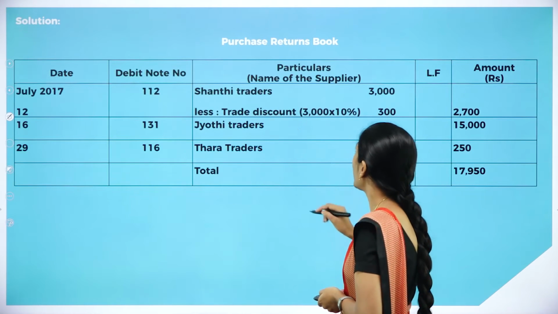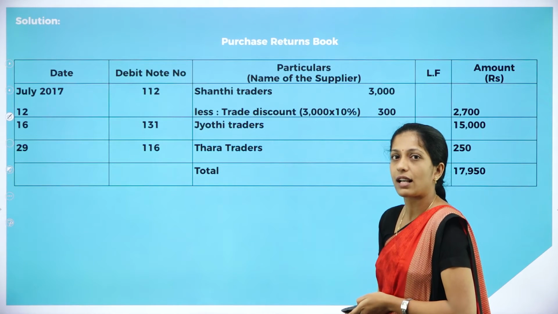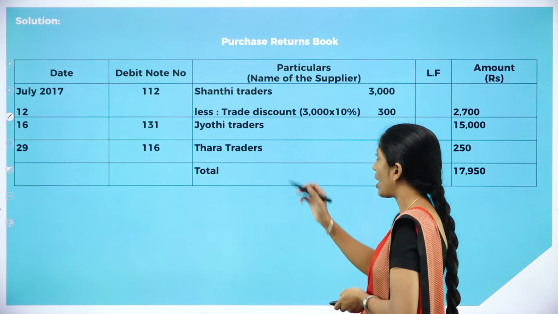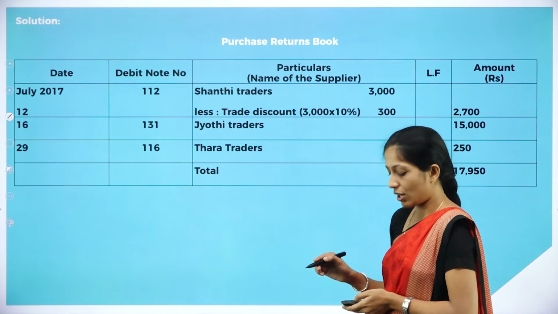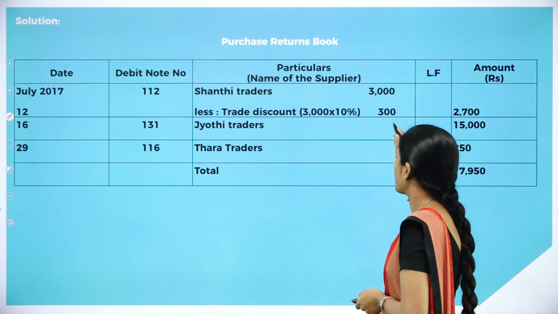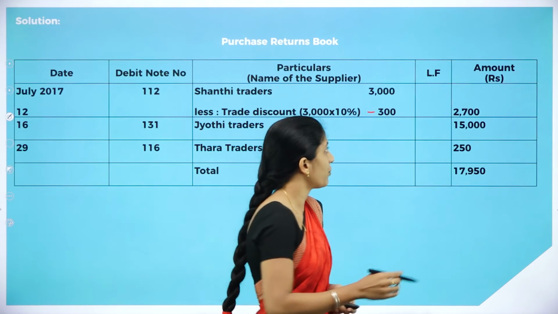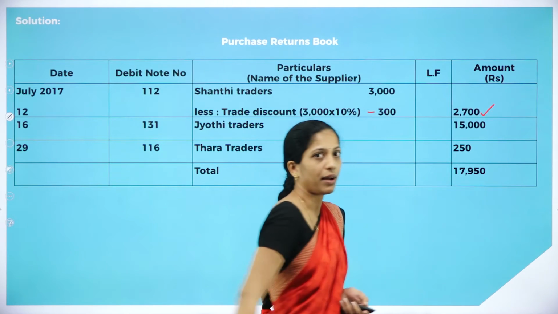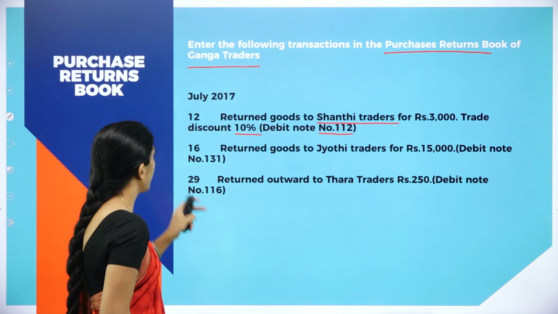So we'll record Shanti Traders, how much they have given? 3,000, but there is trade discount. So we have to less that trade discount. So less trade discount 3,000 into 10% because they have given 10% trade discount. 3,000 into 10%, so we'll get 300. So 3,000 minus 300 will get 2,700. Clear? Yes.